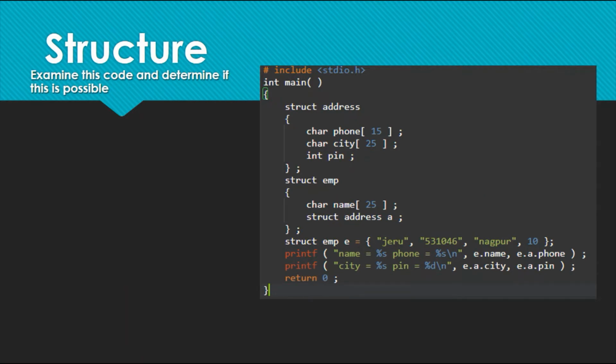Now the next is this code. I will give you time, maybe pause the video, to examine the code further and determine if this code presented to you is possible, is it okay, or will an error come out from this code or something.